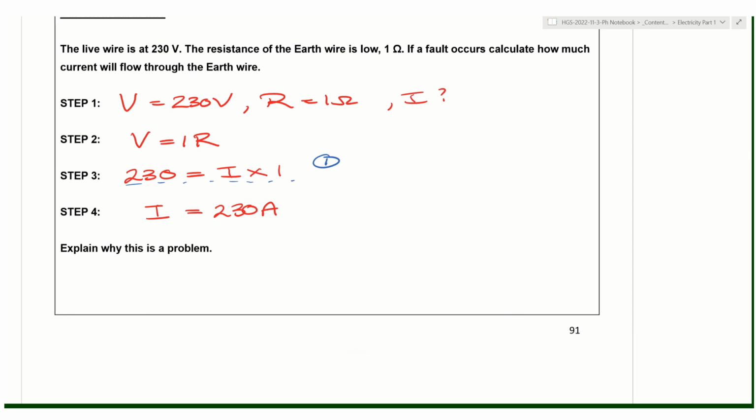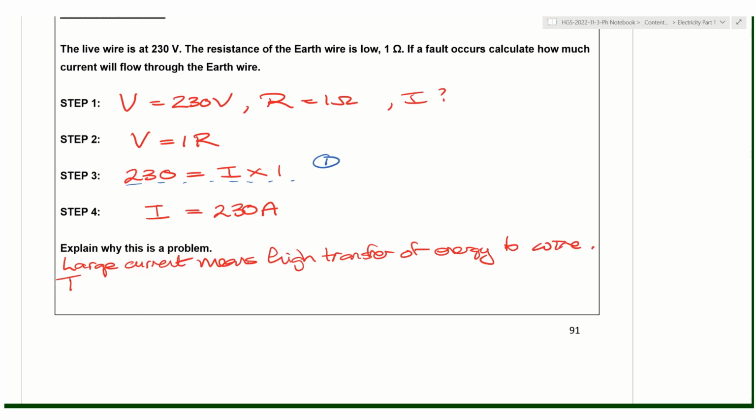Okay, so the large current means there is a high transfer of energy to the wire.